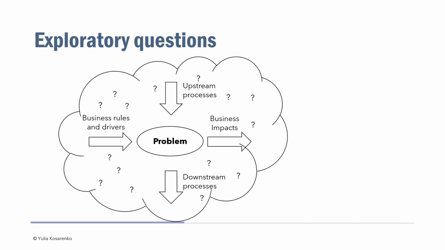Downstream, you may have your delivery, you may have your warranty, you may have an exchange process or a customer service. So again, whenever you solve for a part of the business, think about what happens before and what happens after. And that really helps you to come up with ideas for those exploratory questions.